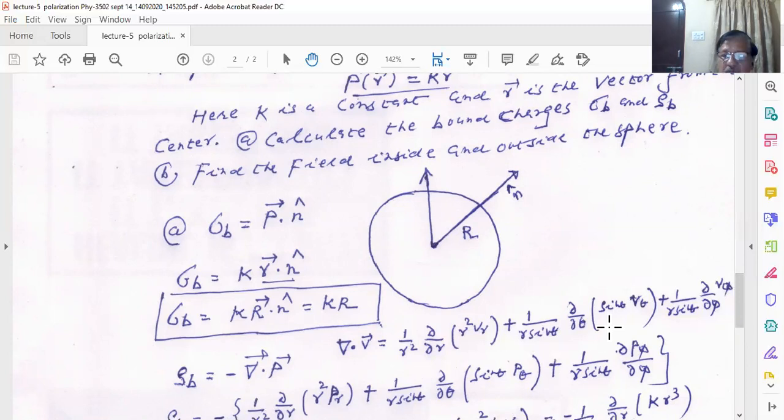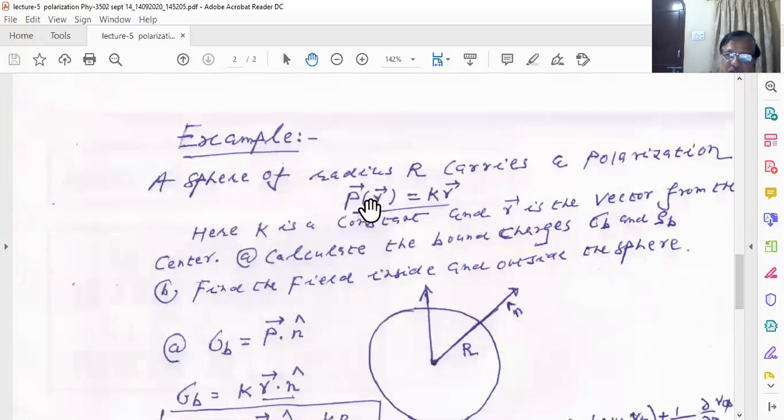Now our problem is that we want to calculate the divergence of P, where P is a polarization, and the polarization is only a function of r. It does not depend upon angle theta in our case, because the polarization is given simply as a function of r.